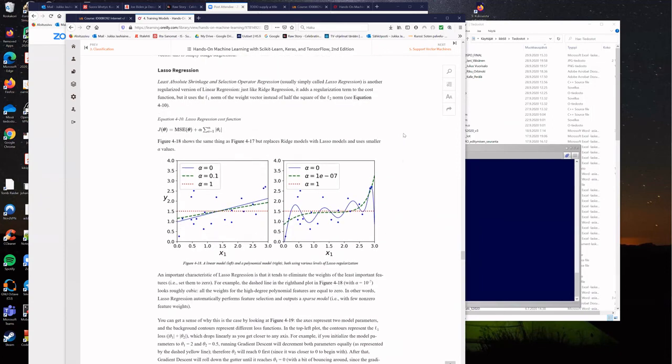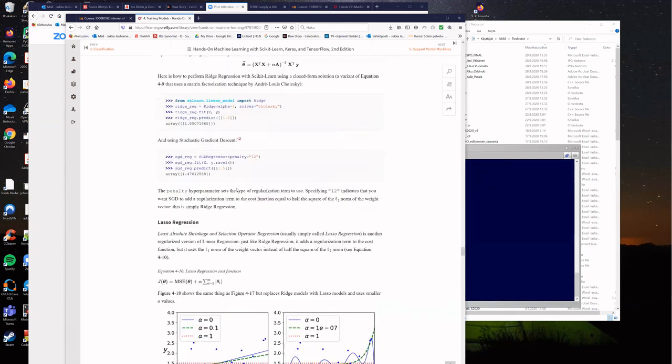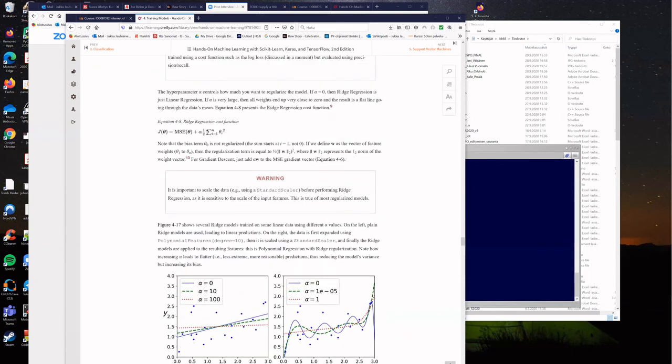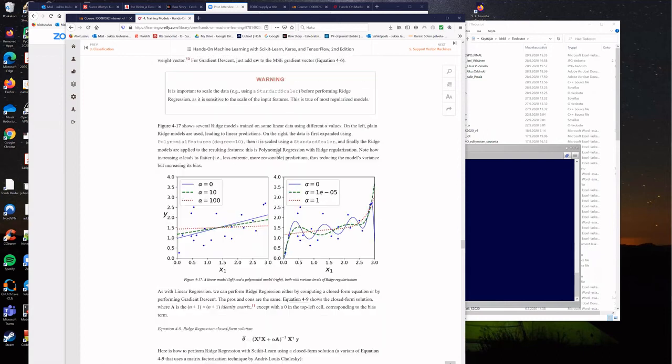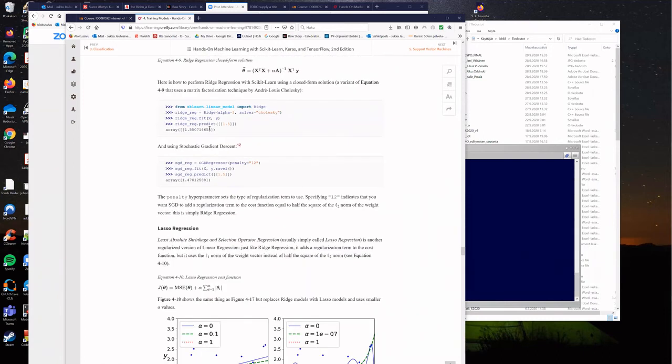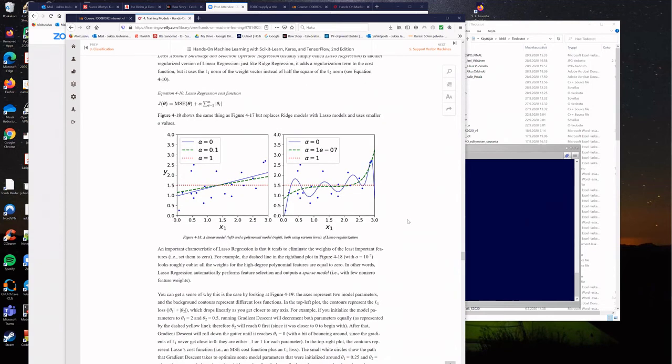Another possibility is the Lasso regression. It's almost the same, but this cost function term is a bit different. Here you see that theta is an absolute value, while here it was a square. Otherwise it's the same, and there is a factor of 1/2 difference, but basically very much the same.